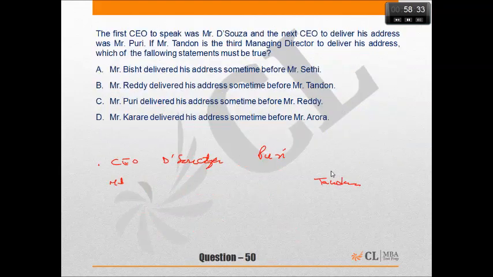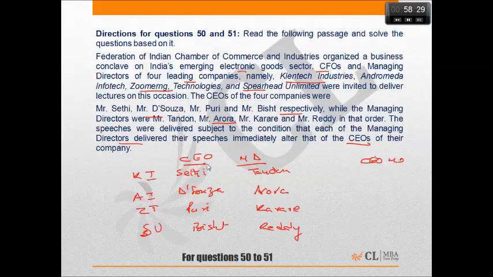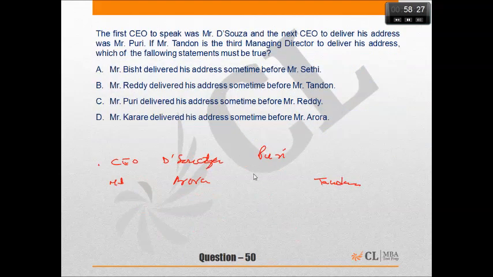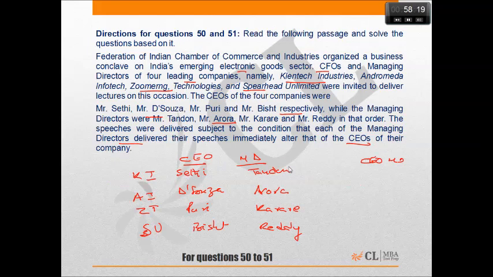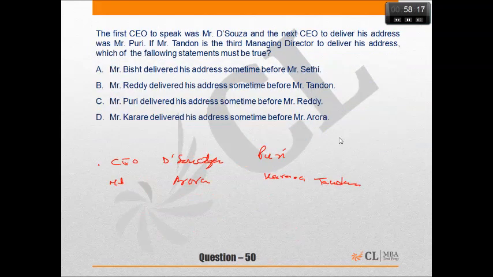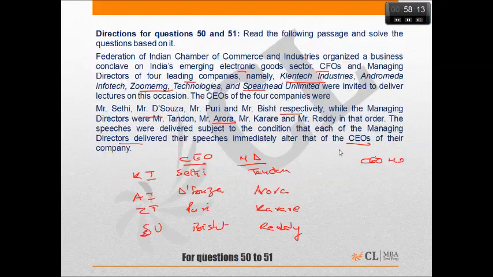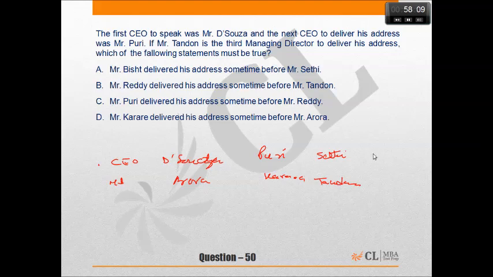Arora, so Arora will speak here. Then Puri, Karare. Tandon is the MD, so who's the CEO? Sethi. Which means the fourth pair is Bisht and Reddy. Now let me look at the choices.